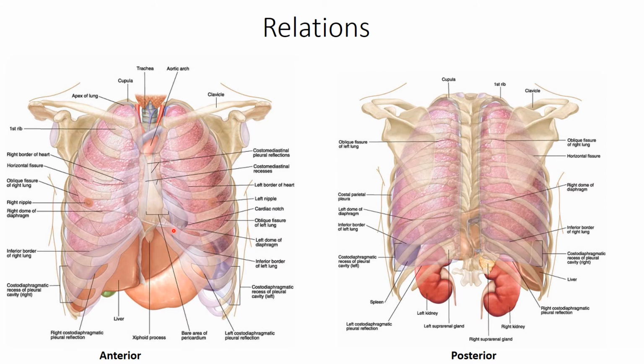On the left side anteriorly, these are the relations. This is the left lobe of the liver, then the fundus of the stomach, spleen, then the left kidney and left suprarenal gland.